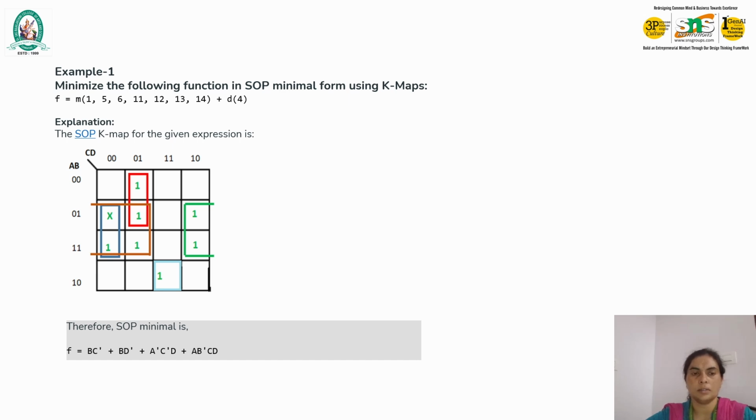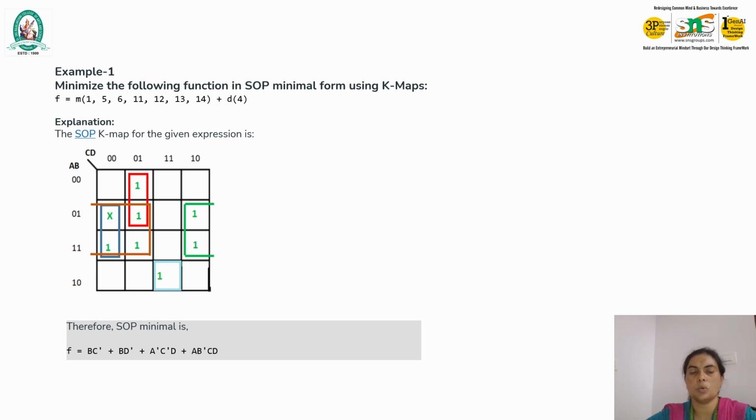Here four variables have been taken, A, B, C, D, and the groups are formed from the given values. For example, positions 1, 5, 6, 11, 12, 13, 14 are indicated with ones, and we have to check for larger groups. A group of 6 is not possible, so we concentrate on 4. To form a group of 4, there is a need for one extra one.